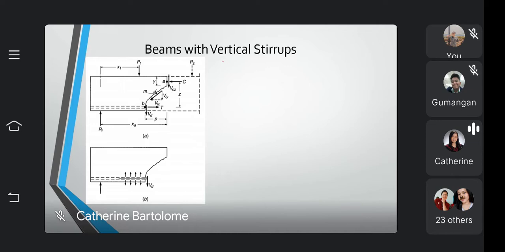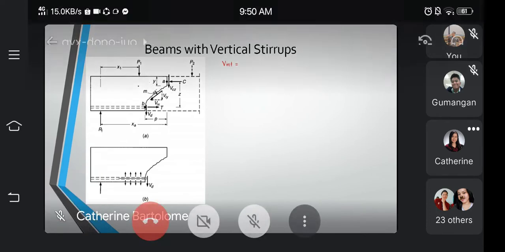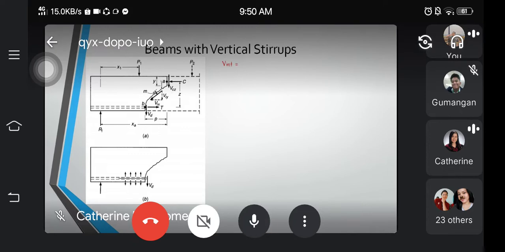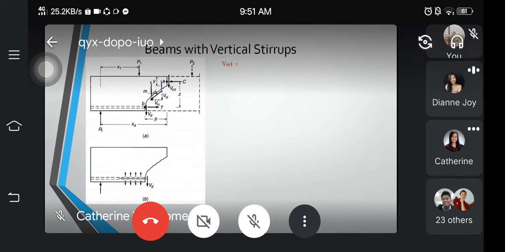Magkakaroon tayo ngayon ng mga internal forces. Okay, so ano yung mga internal forces na mag-a-act dito sa beam natin? Can you please state one? Tension po. T, Tension. VCZ, correct? Ano pa?